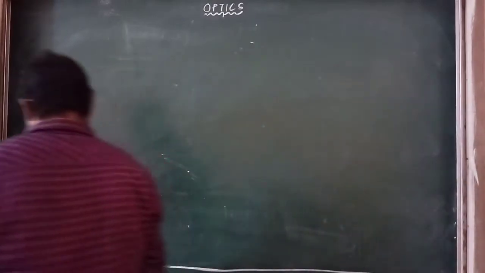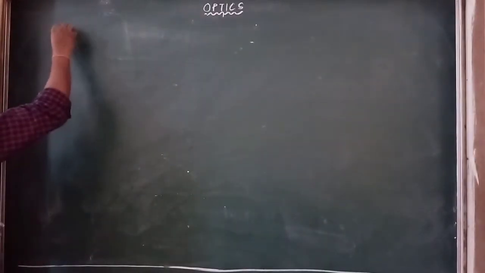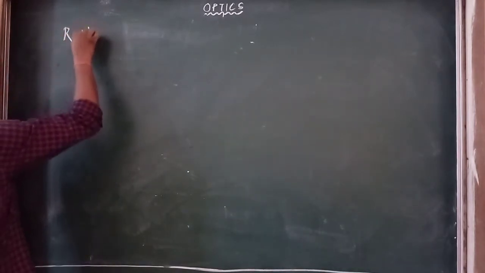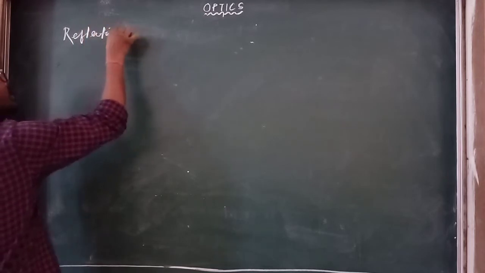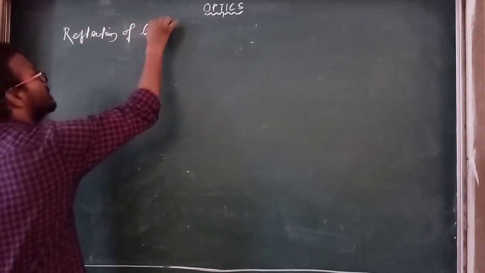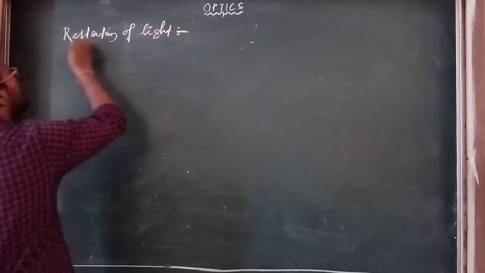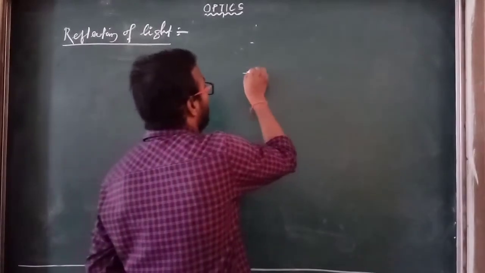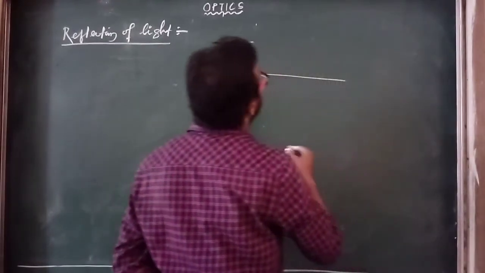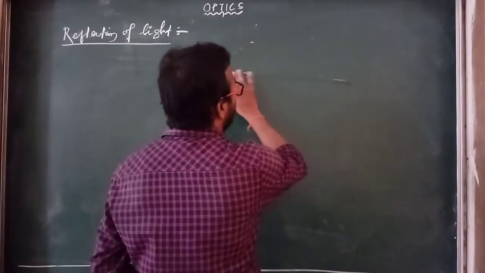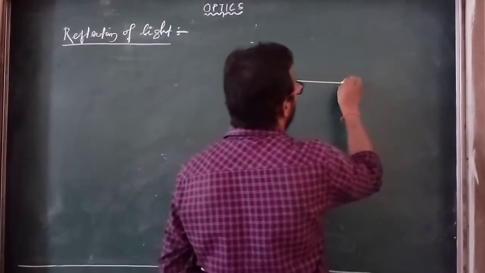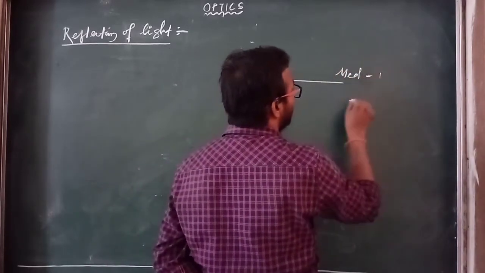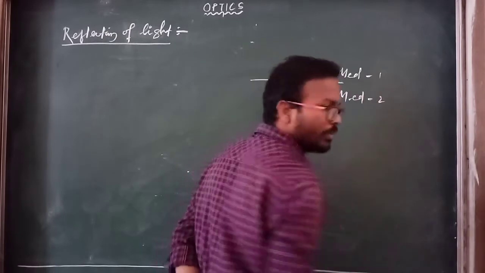Reflection of light. The next important term related to ray optics is reflection. So what is reflection of light? Suppose there is a boundary which separates two media: this is medium number 1 and here is medium number 2.